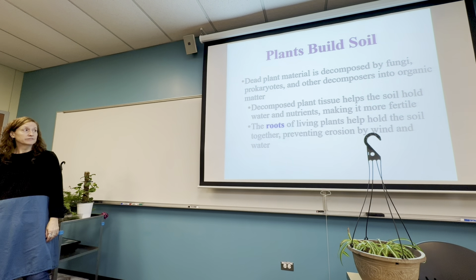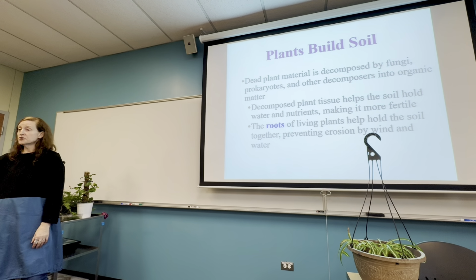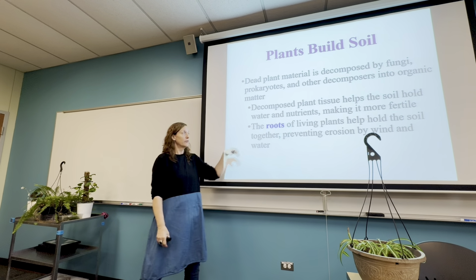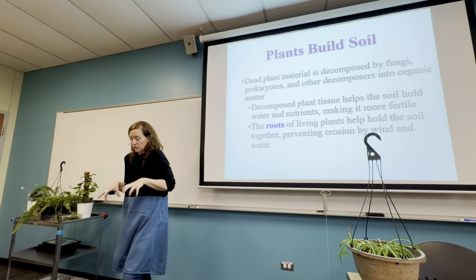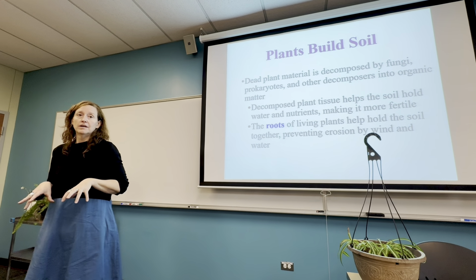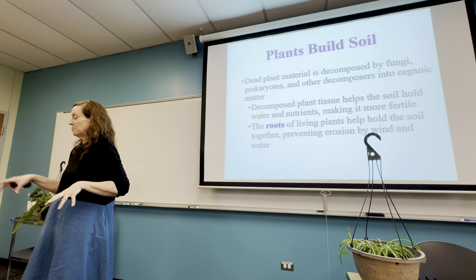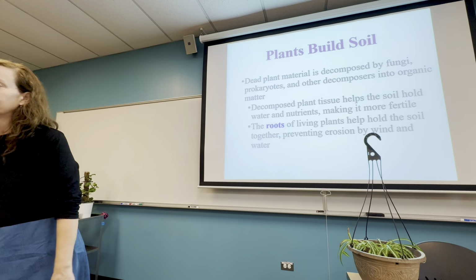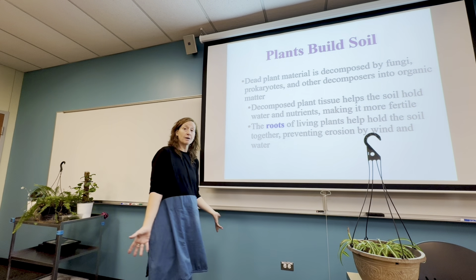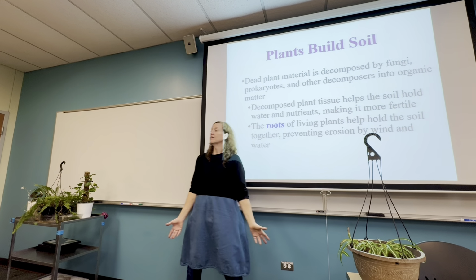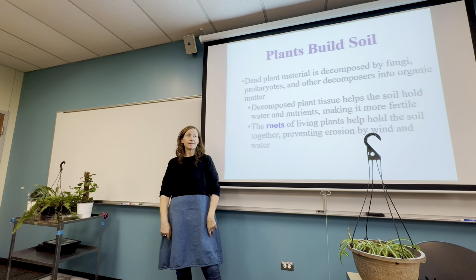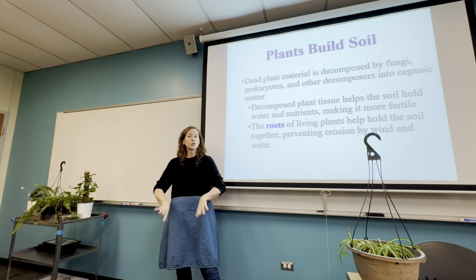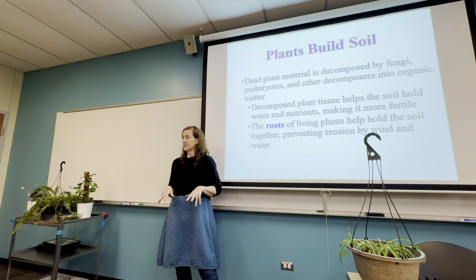Plants build soil. We'll look at the structure of plants, not only the top of the plant that we often see with our eyeballs, but underneath they have root systems that help to hold land together. We talked about the fungi, right? A big important job of fungi is as one of the decomposer groups, and they take all those nutrients from dead things and waste and put the nutrients or the elements back into the ground.